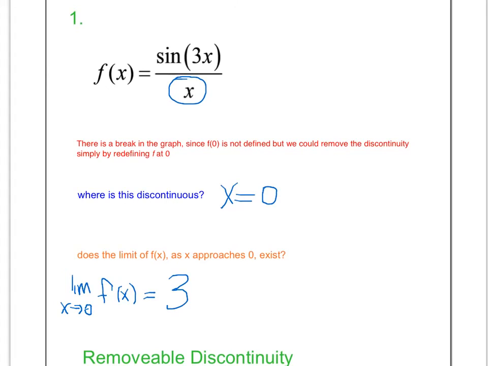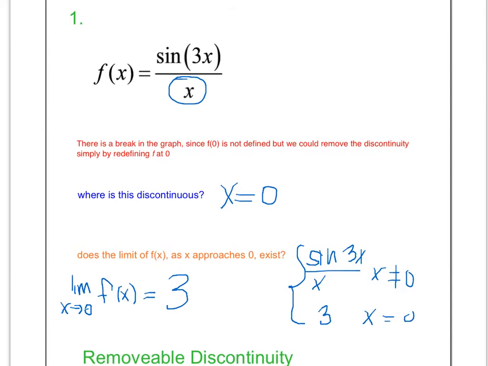So I could rewrite this as a piecewise function where the function is sine 3x over x for x not equal to 0, and 3 for x equals 0.